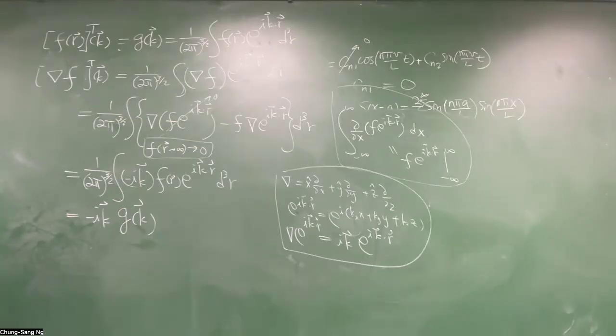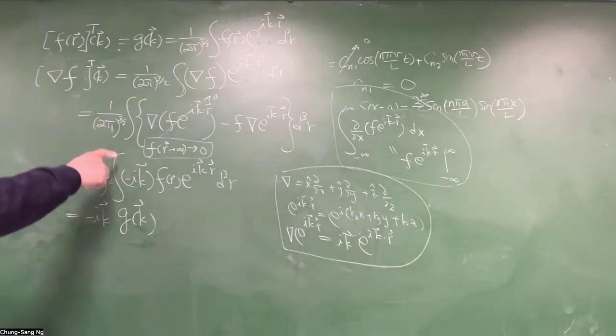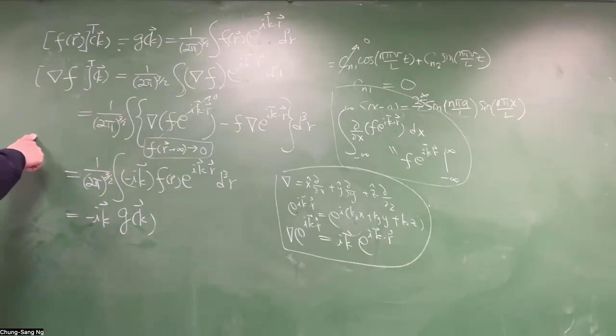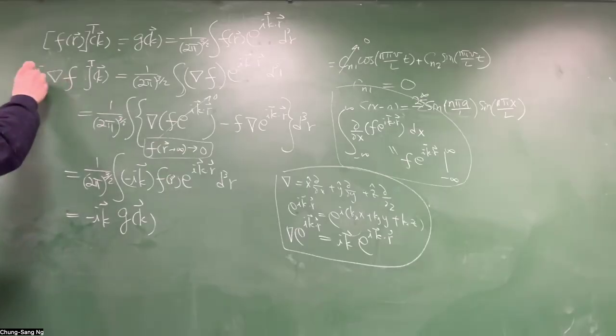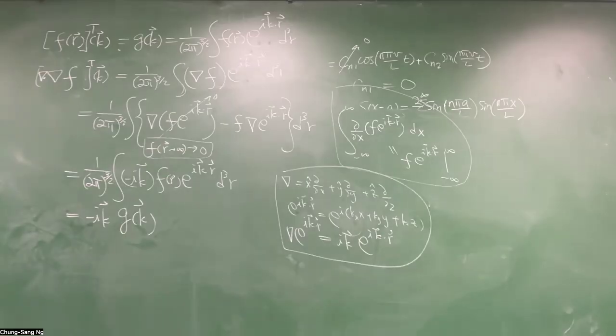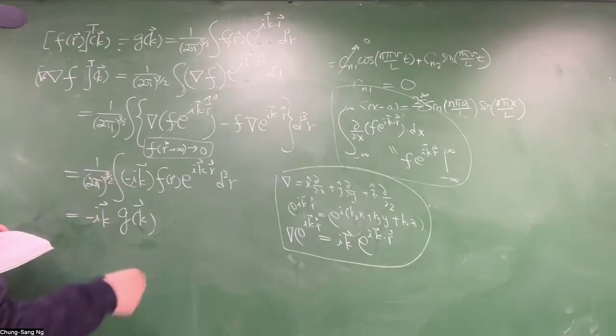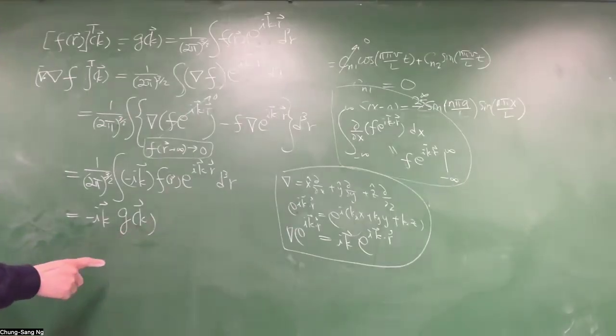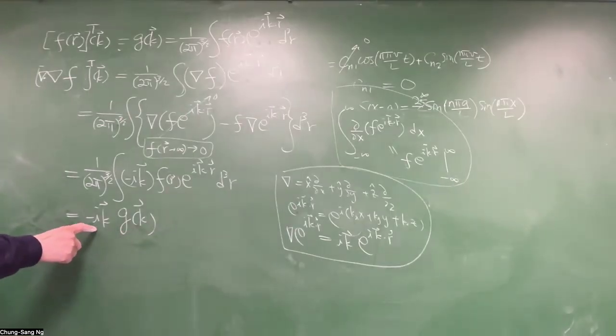And the last term is the same. Now once you do that, the other is the Laplacian. The Laplacian is the divergence of the gradient. So now you take another divergence of that, do the same trick and the same integration by parts, and that will pull out another factor.